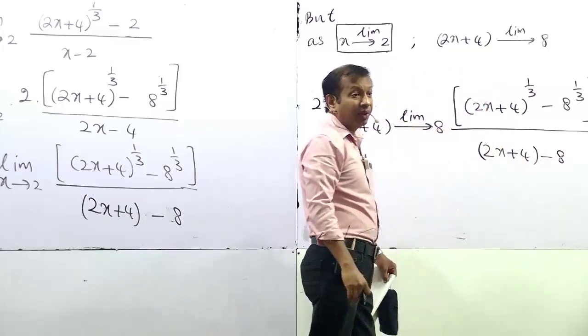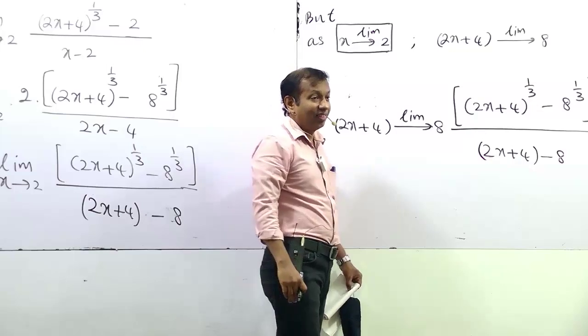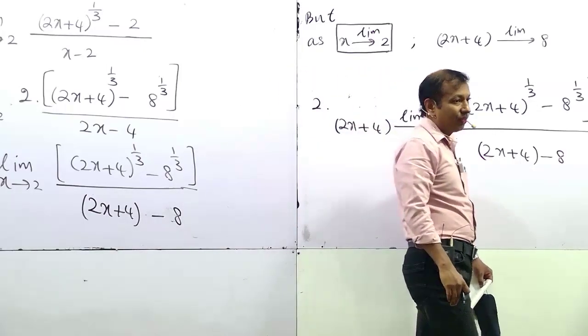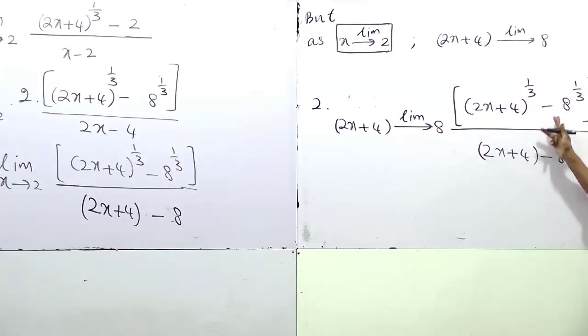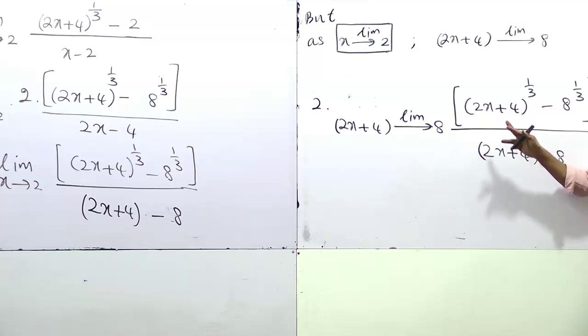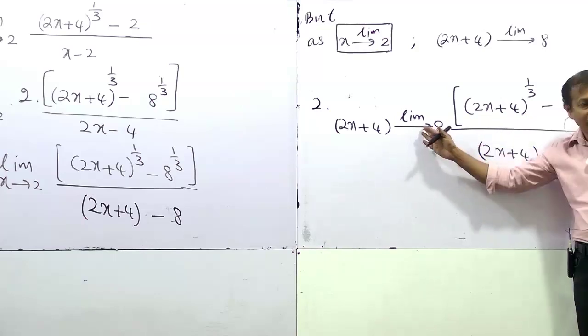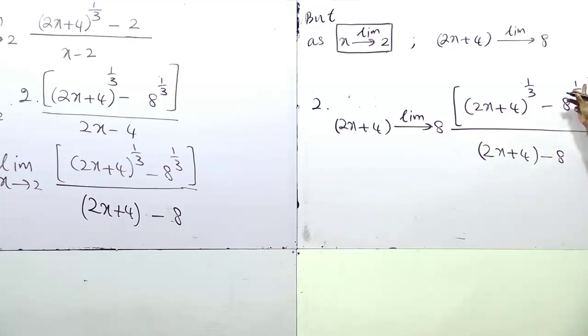Right. Now correct, no? Everything is now satisfied with the theorem we learned. This power, when you ignore this thing we have here, under that limit, this goes to 8 here. Then what's the answer? 1/3 comes before 8 to the power 1/3 minus 1. Understand?